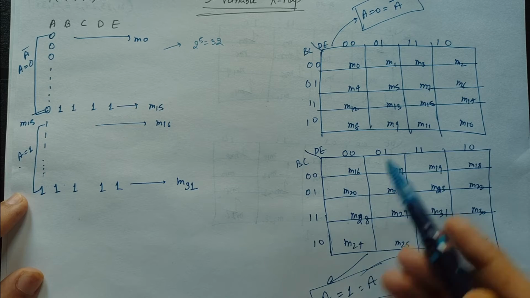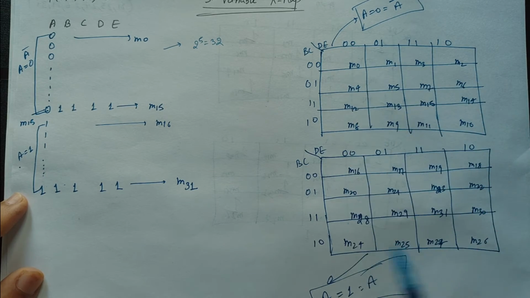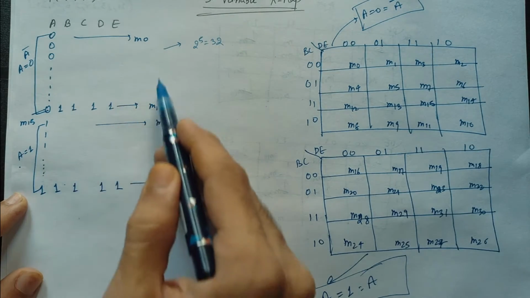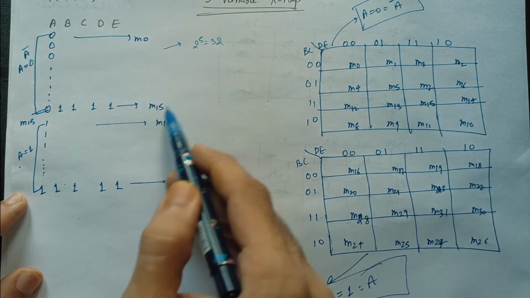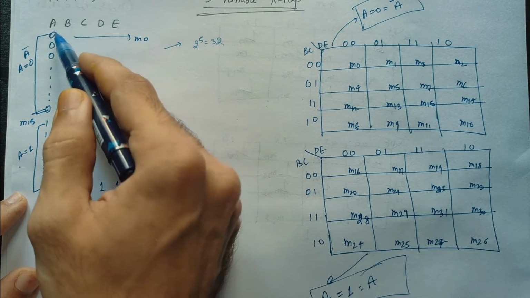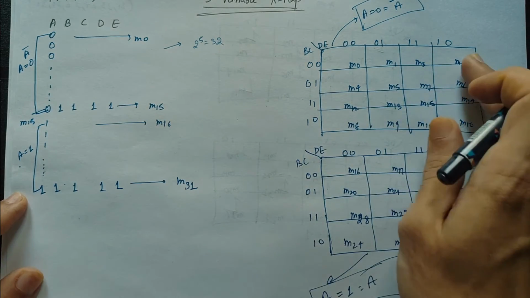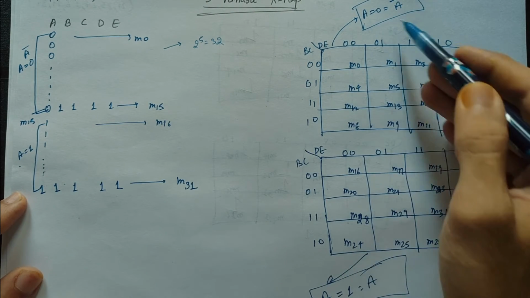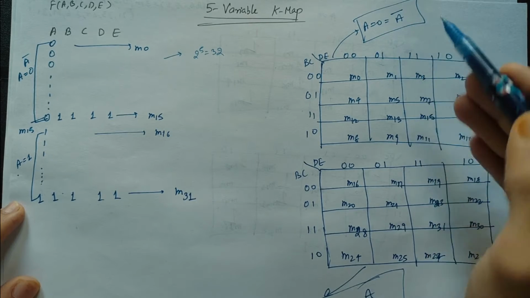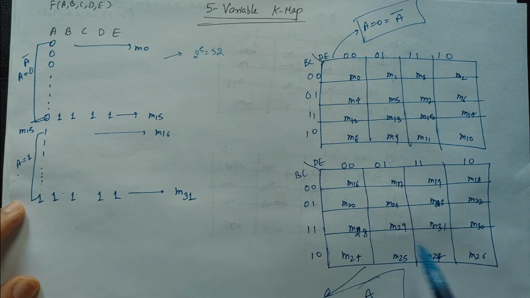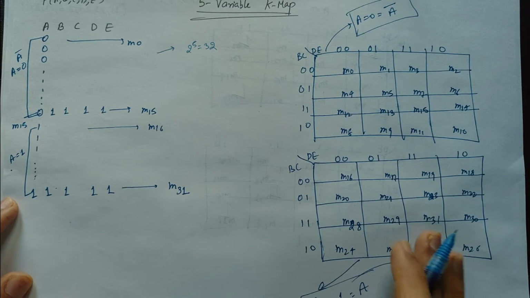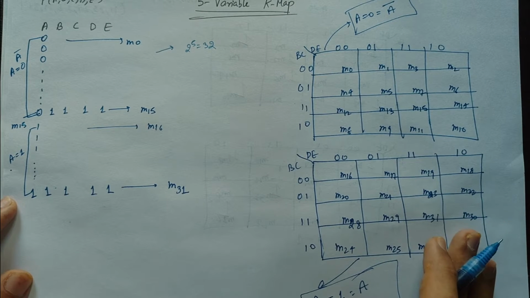For these 16 minterms, M0 to M15, we assume A is 0, that is A bar. For M16 to M31, we assume that A is 1, that is A, right? So this is the concept of the 5 variable K-map.